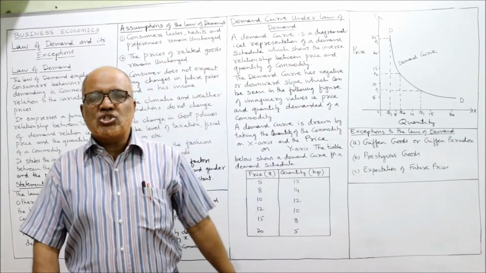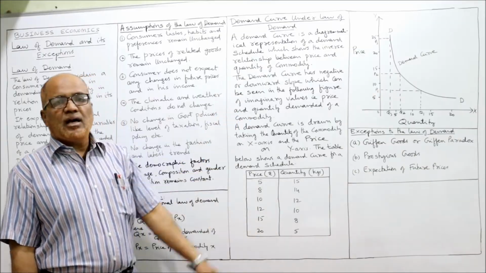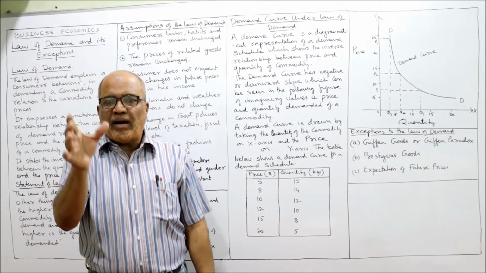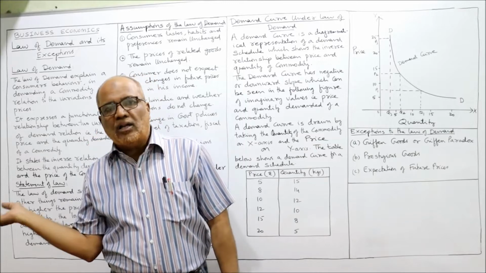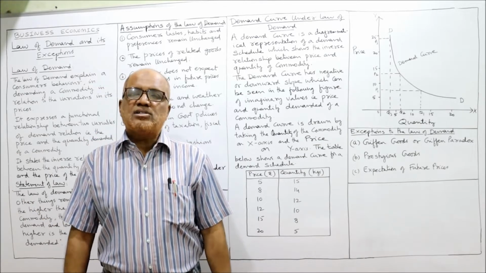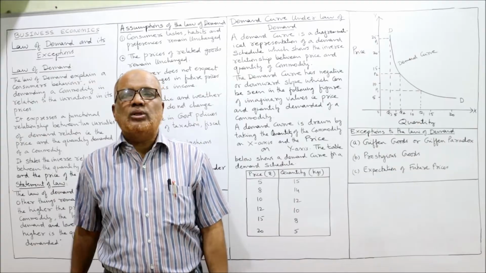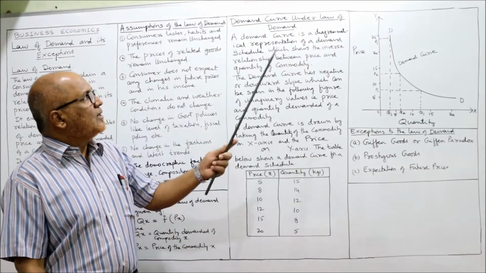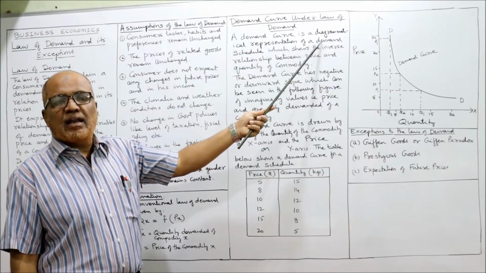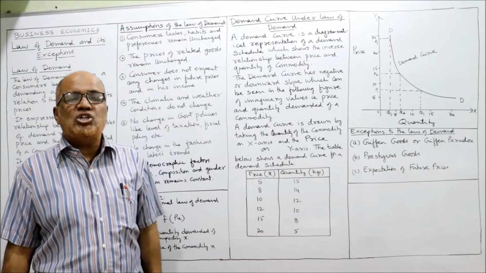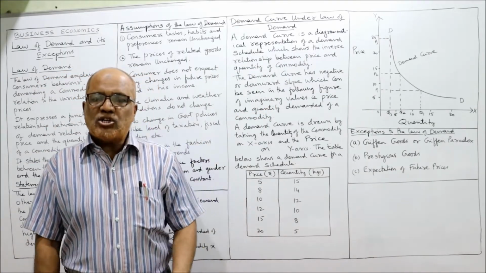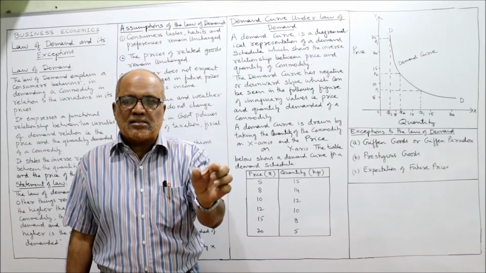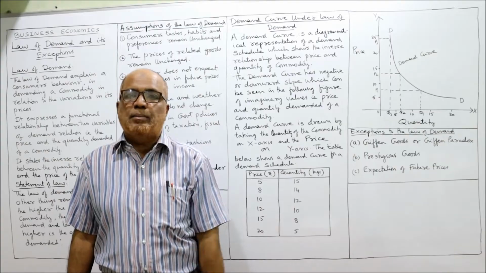The next discussion is regarding the demand curve under the law of demand. How will the demand curve look under the law of demand? Inverse relationship, how can we show the curve? Diagrammatic presentation. A demand curve is a diagrammatic presentation of a demand schedule. Demand schedule means we express different prices and different quantities demanded.